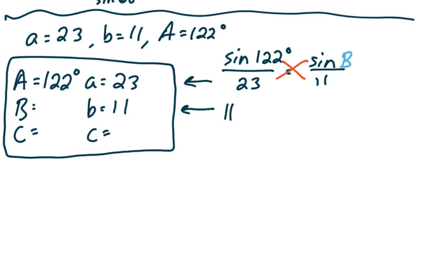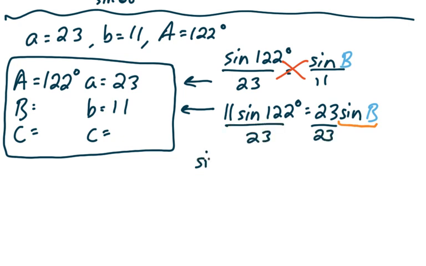This one is about the same as before, except we're solving for an angle. Because we're solving for an angle, we really need to get this sine B by itself. Not just the B, but the sine B. Right now, it's being multiplied by 23. So let me divide both sides by 23.